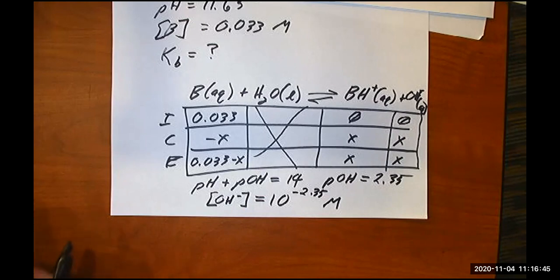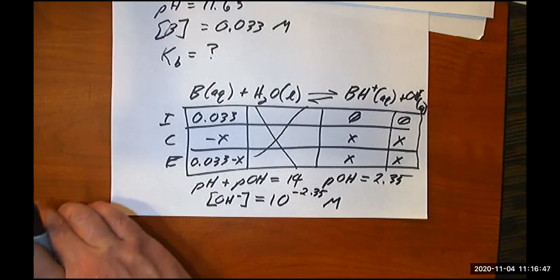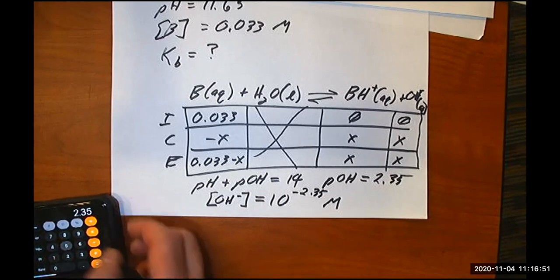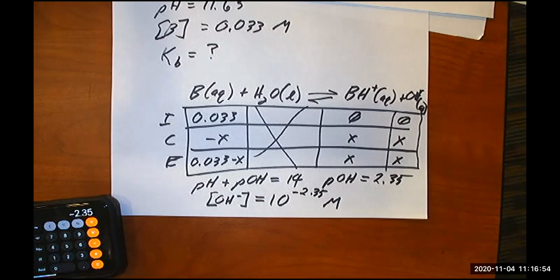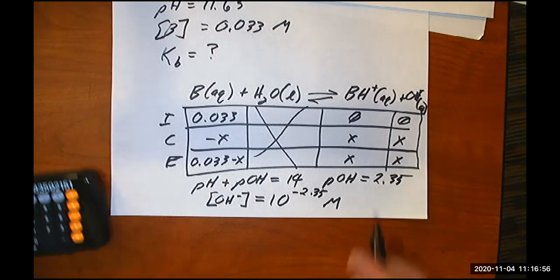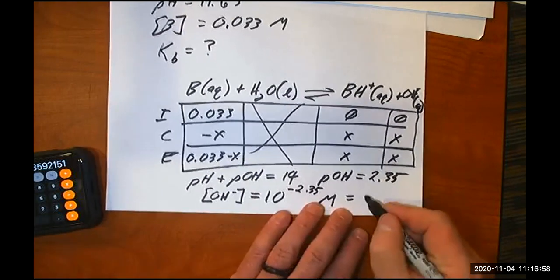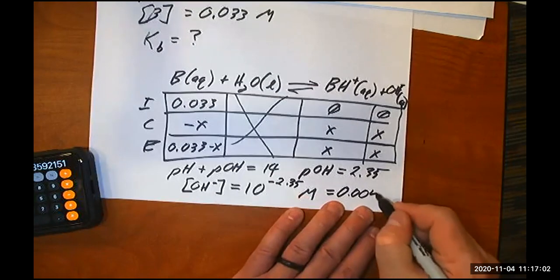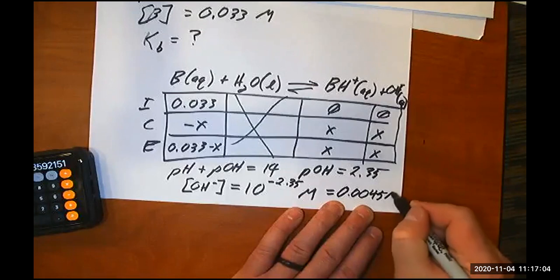So we'll go into our calculator. 2.35, change sign, 10 to the x. And so that is going to be 0.0045 molar.